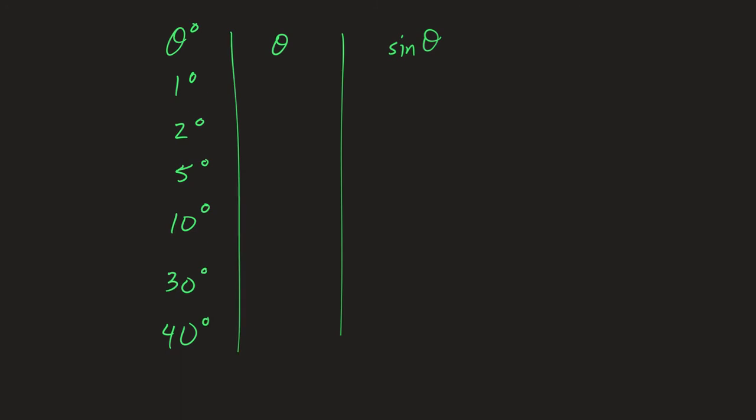Left side of the room, you're in charge of converting the angle from degrees to radians. So you're taking 1, 2, 5, 10, 30, and 40 degrees and converting them to the value in radians. Right side of the room, you're computing the sine of all those angles.